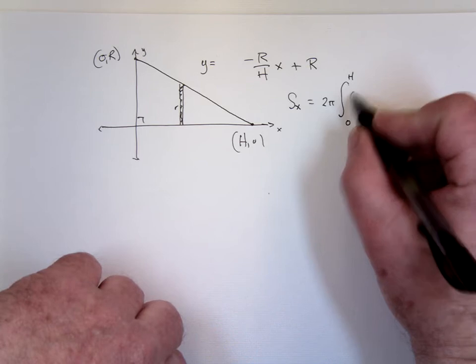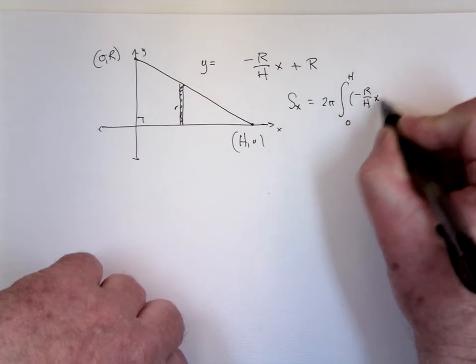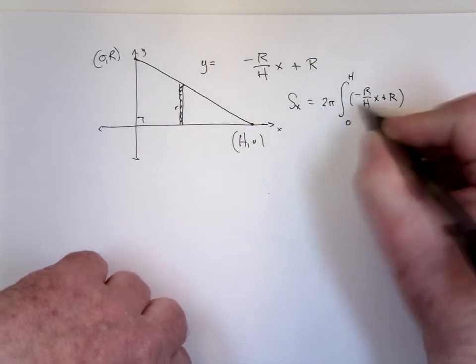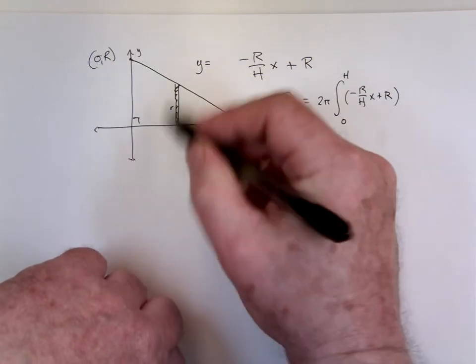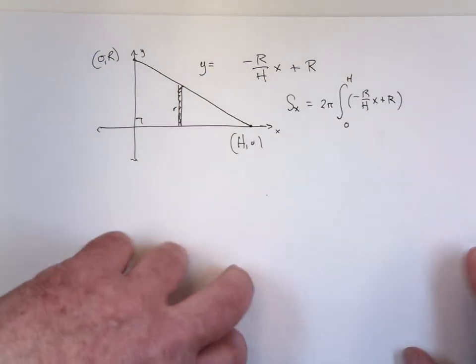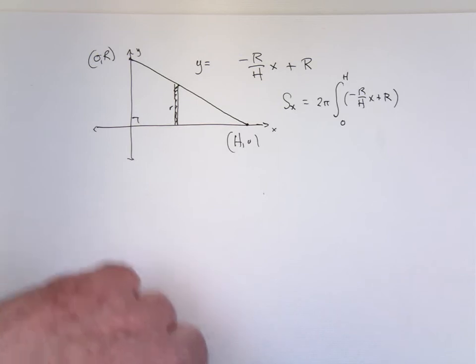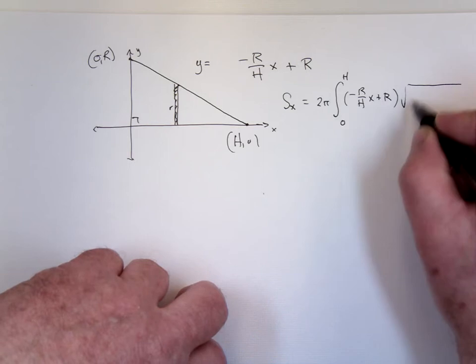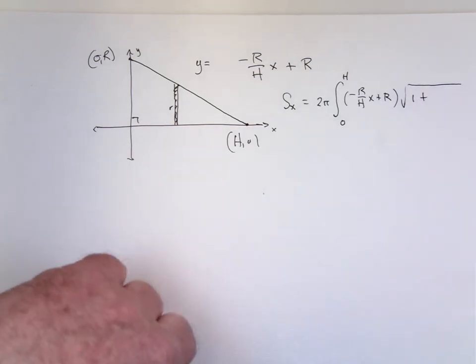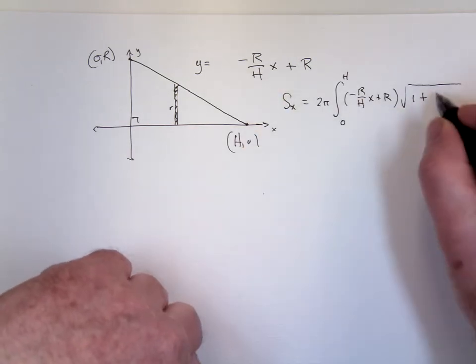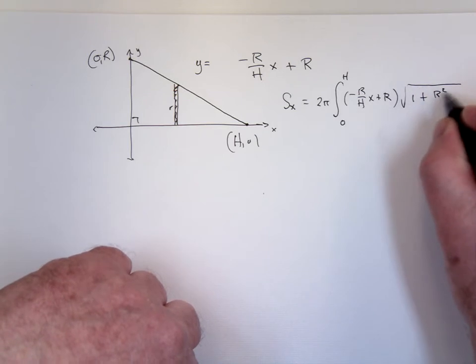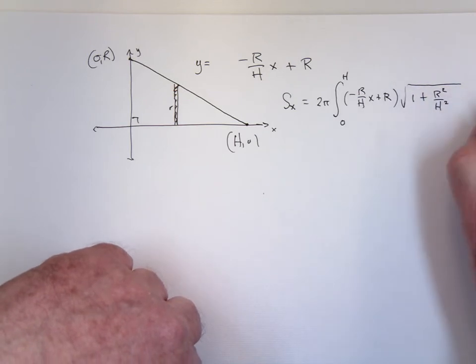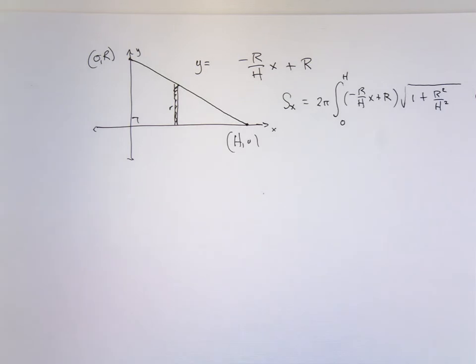That's your f of x right there. That's the radius that this thing is going to get whipped around. Then an element of the arc length, the square root of 1 plus the derivative squared. The derivative is negative r over h, squared is r squared over h squared, dx. Whoa. This integral will give us the lateral surface area of this right circular cone.